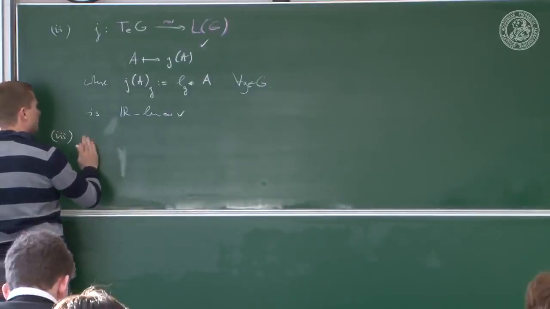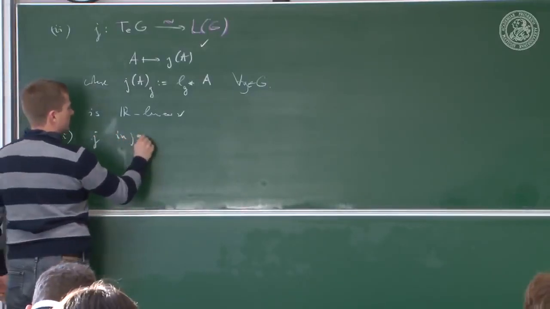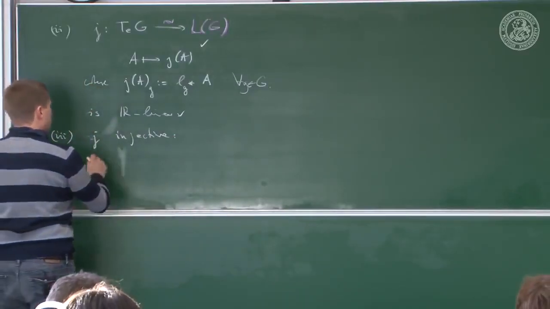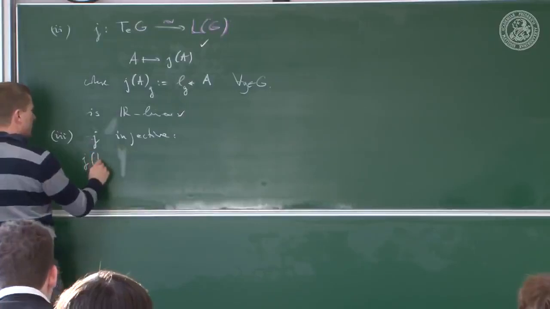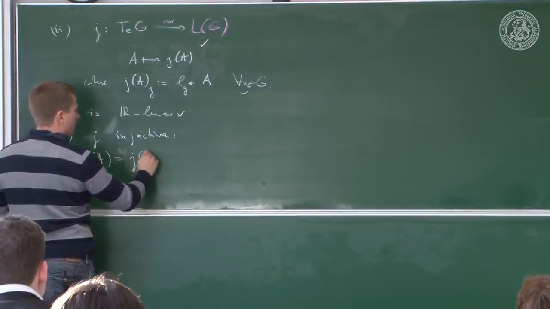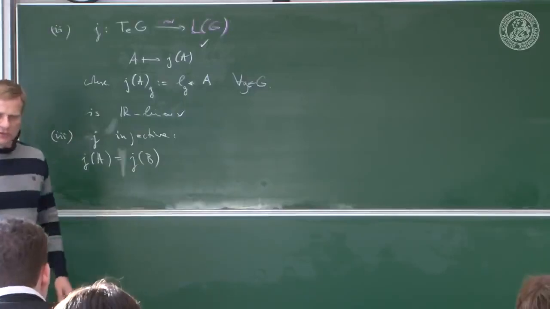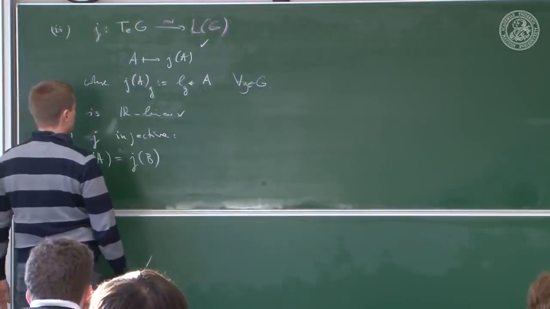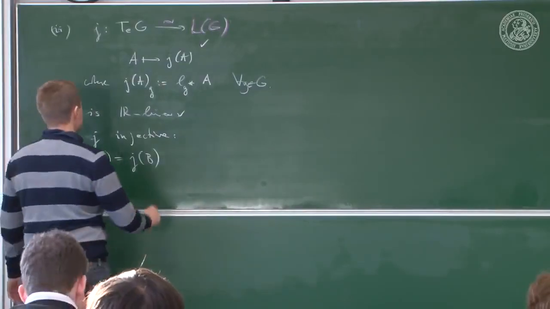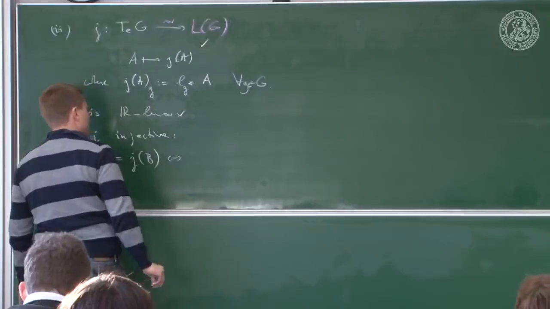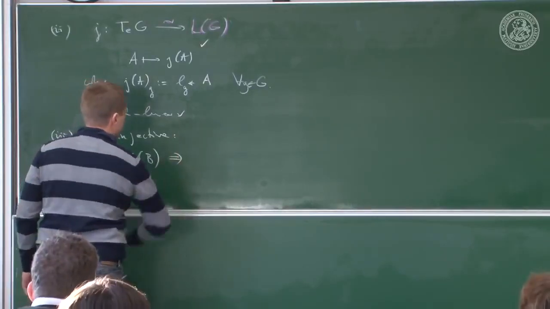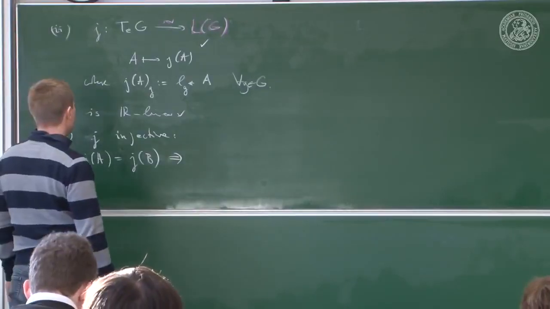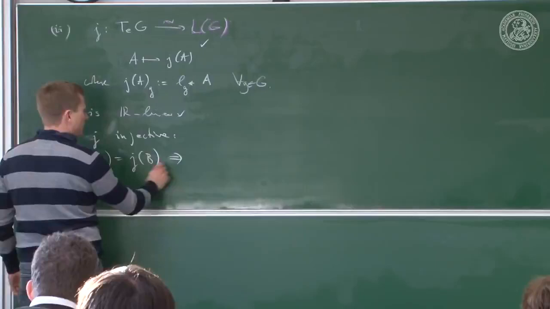Now let's check whether J is injective. So what do we do for injectivity? Well, we consider the J of an A, and we assume it's the J of a B. And if we can show that from this it follows that A equals B, then the map was injective. So these are vector fields, right?